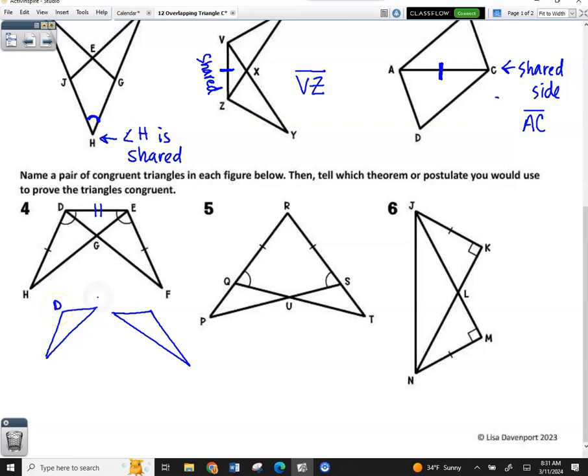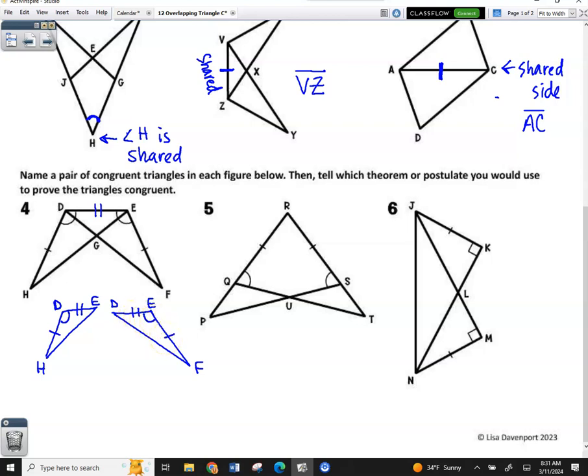D, E, H. And I'm going to copy the congruence marks. I had a single here, I had an arc here, and then I had a double there. Now come over here. What would this be? D, E, F. Copy the congruence marks.